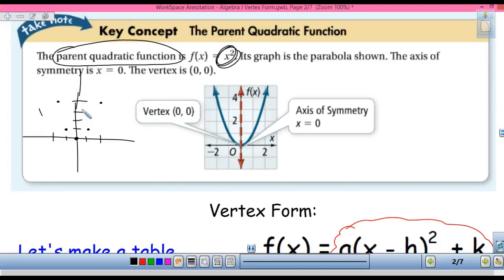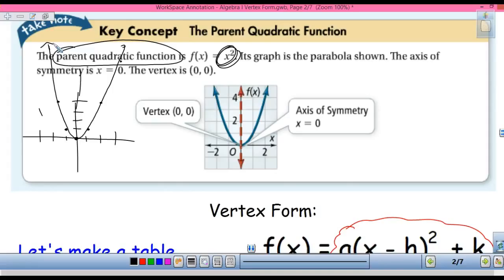Well, we'll talk about that. Okay, right now, when we're talking parent function, it's just positive x squared. Okay, what's 3 squared? 9, so it would be 3, 9, negative 3, 9. And that's going to be the basis. When you guys get to Algebra 2, everything that you do with quadratics is going to be based off of this function right here. Okay?